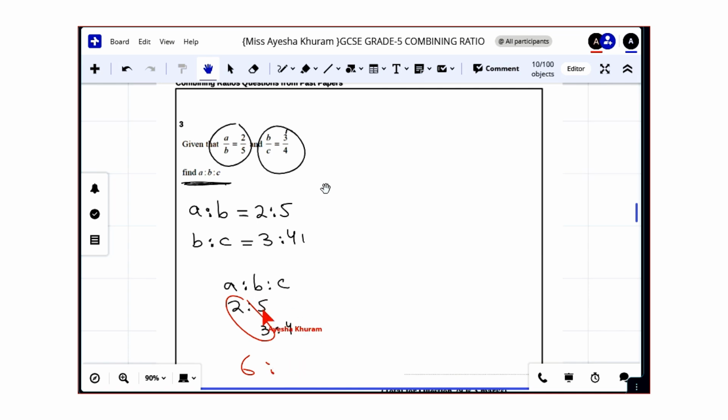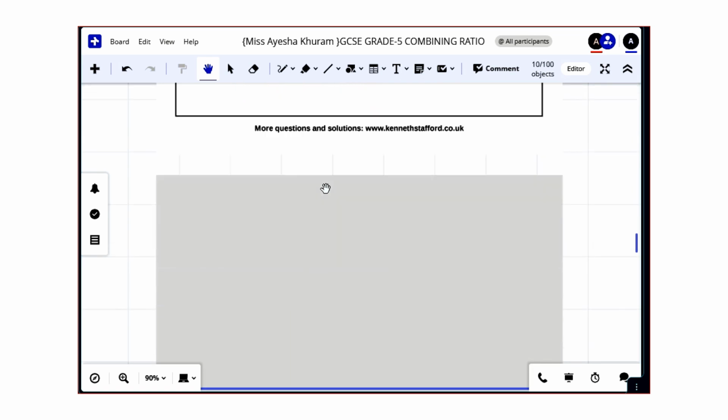Multiply this one: 5 times 3 is 15. I multiply these two: 5 times 4 is 20. This is my combined ratio, and that gives the A value, B value, and C value. So that's 20, don't be confused. Okay, all right, hope you understand. Let's go for question number 4.